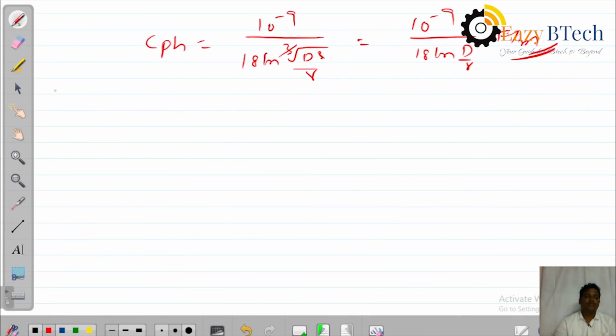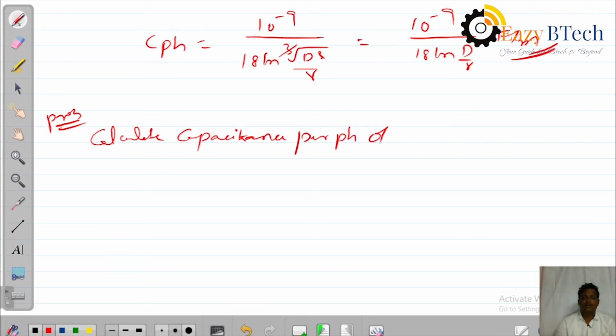Now we will see one problem on unsymmetrical spacing transposed. Calculate capacitance per phase of a three-phase unsymmetrical transposed line.